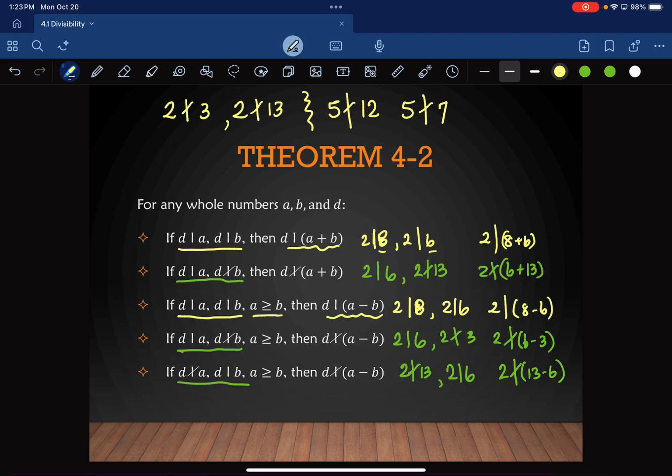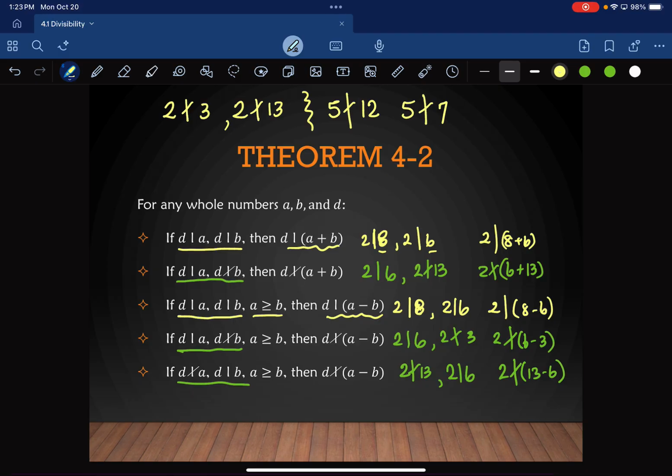Is 5 going to divide 19? No. What's 12 minus 7? 5. Is 5 going to divide 5? Yeah. So it divided the difference, but it didn't divide the sum. Right? So we do have the ability for it to divide both pieces, to not divide both pieces and have either results happening at the end. And that's why they're not on this list.